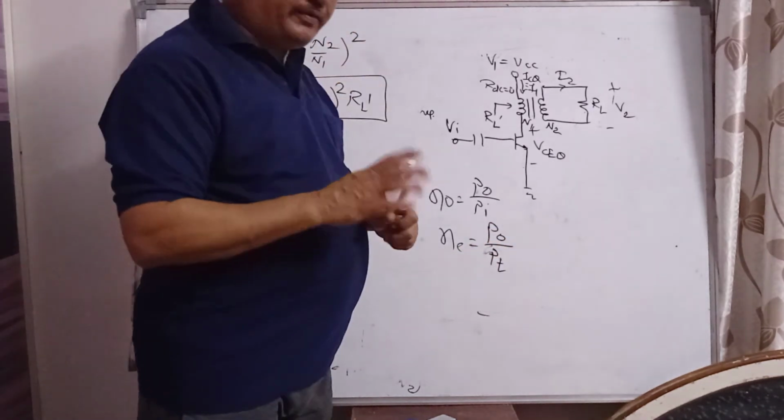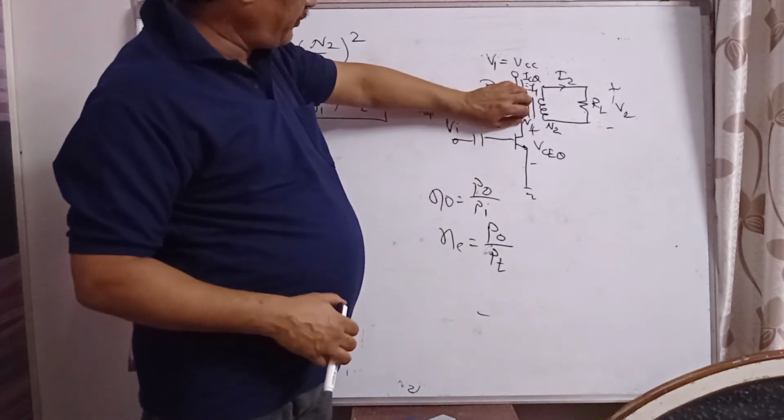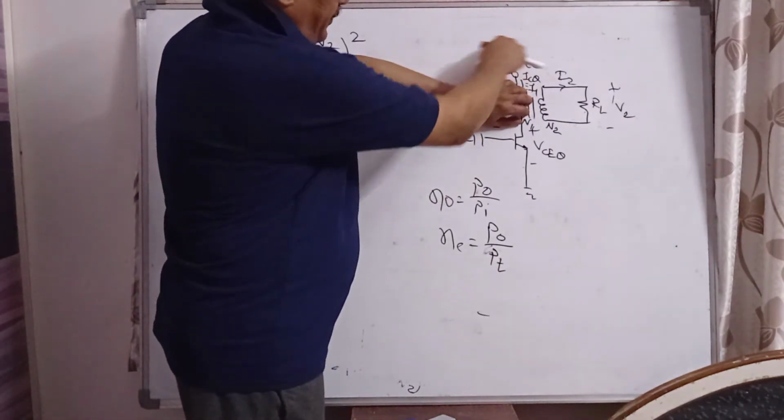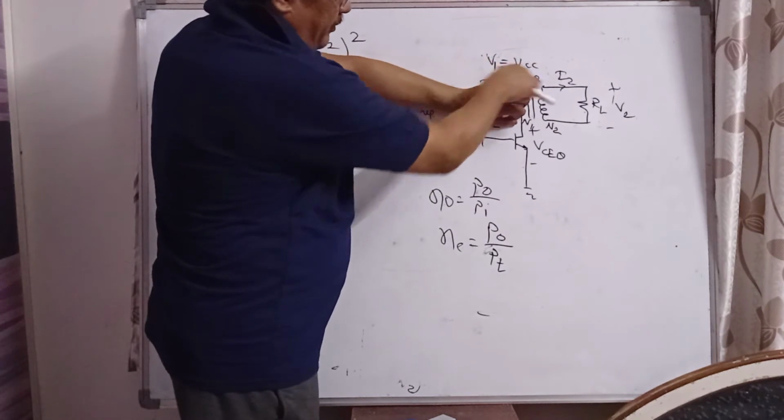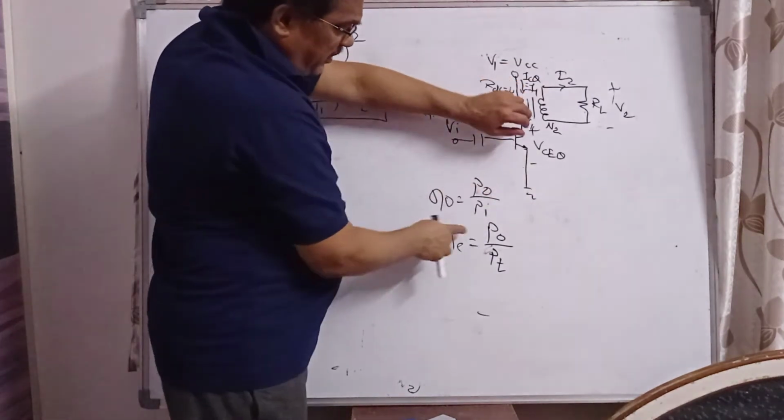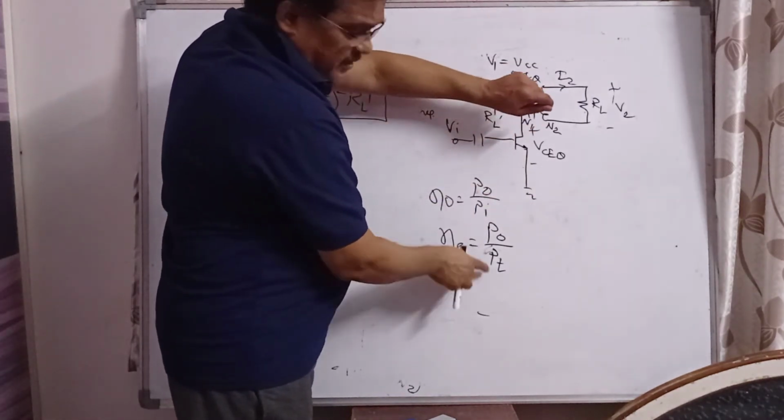You please see the previous article. Since there is no power wastage here, the whole generated power is given to the transistor, which means input power is equal to transistor power.